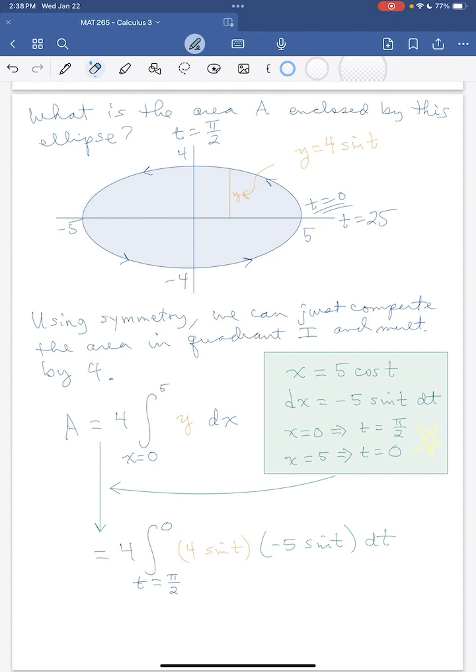And I know that seems kind of backwards, but this is just going to be one of those cases where we can switch the limits of integration and multiply by a negative. All right, so we get 4 times integral here, and then y again was 4 sine t, and then our dx is this part here, and now we just have an integral that needs to be evaluated.